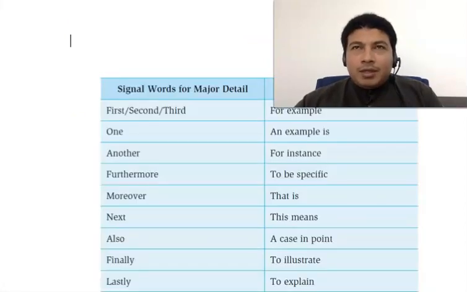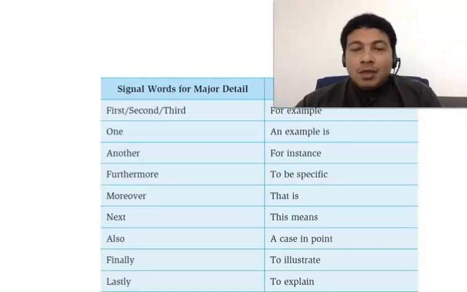When you are reading a text, it is quite easy to look for the supporting details. If it is good writing, most of the time you'll have these cues, the signal words.